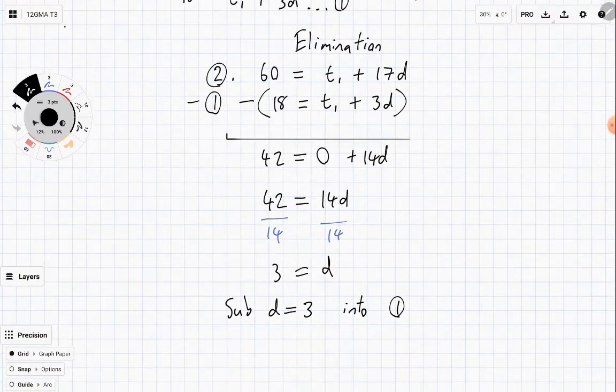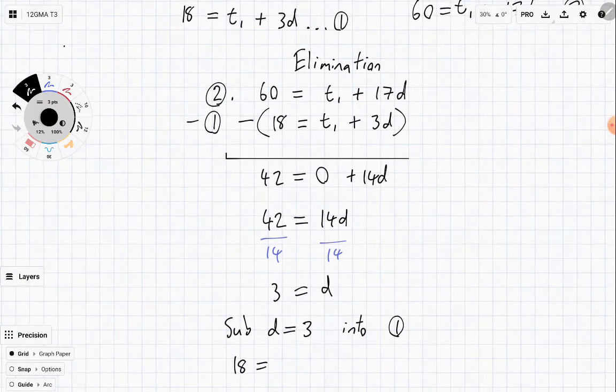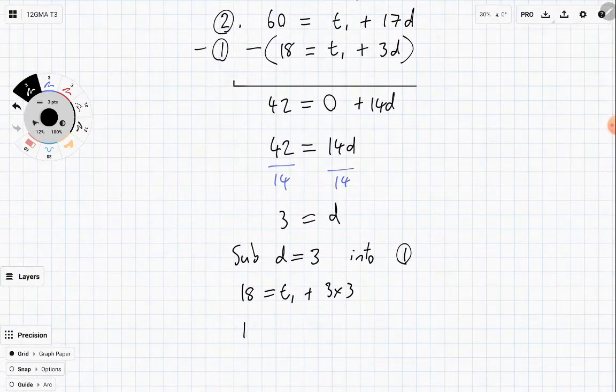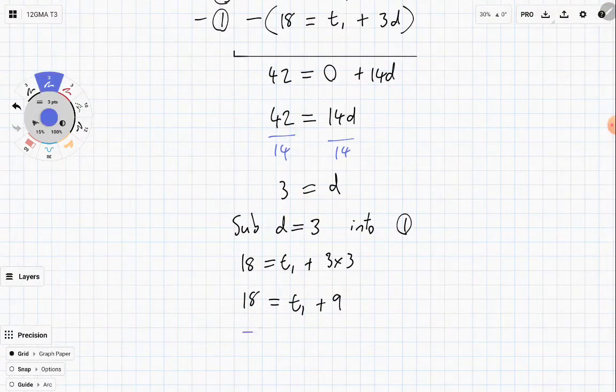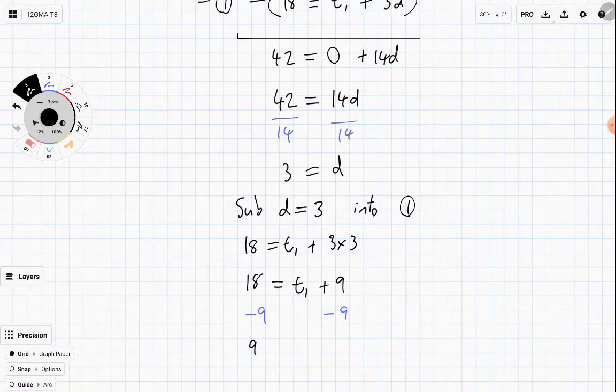So we get 18 equals T1 plus 3 times 3, 18 equals T1 plus 9. Subtract 9 from both sides. And we get 9 is equal to T1.